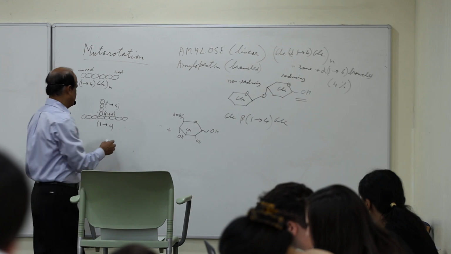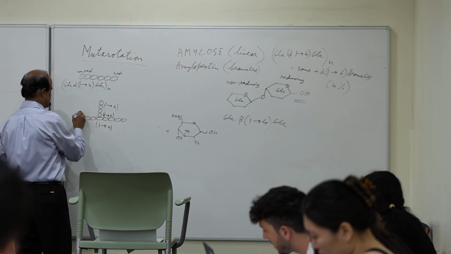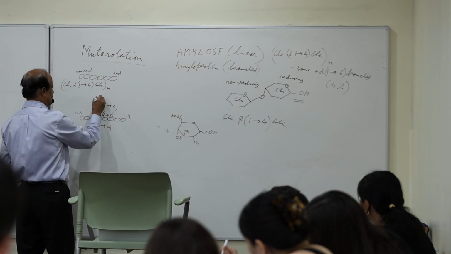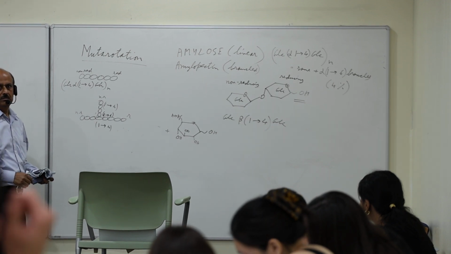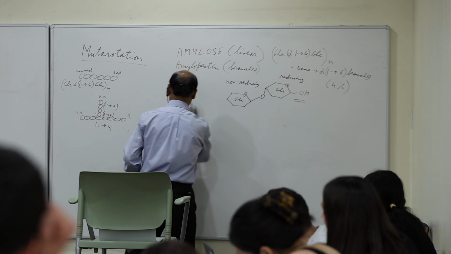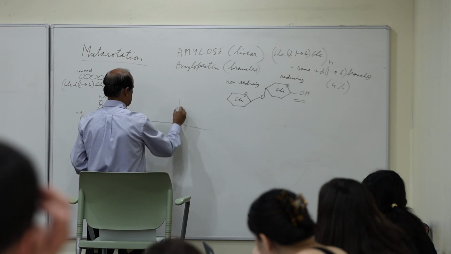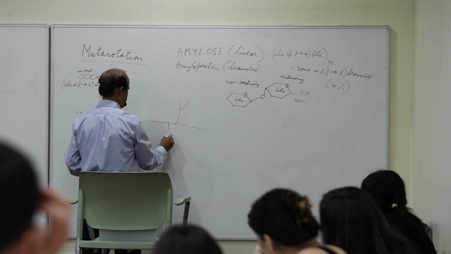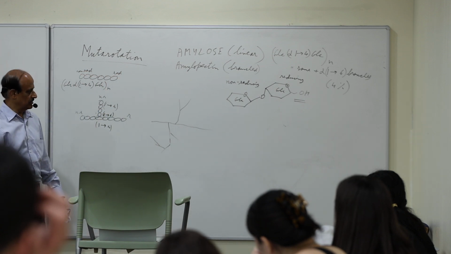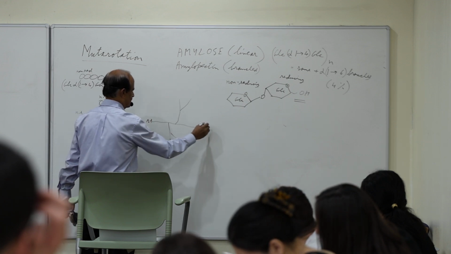So every time you form a branch, remember this is the non-reducing end, this is the reducing end, and then again this is a non-reducing end. So for every branch you are increasing the number of non-reducing ends. So if you draw the structure of starch like this with all the branches, every time you are starting a branch, you have started this chain with a non-reducing end, and this is a reducing end.